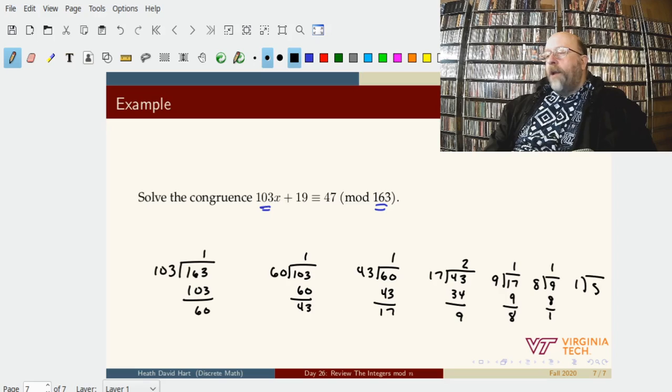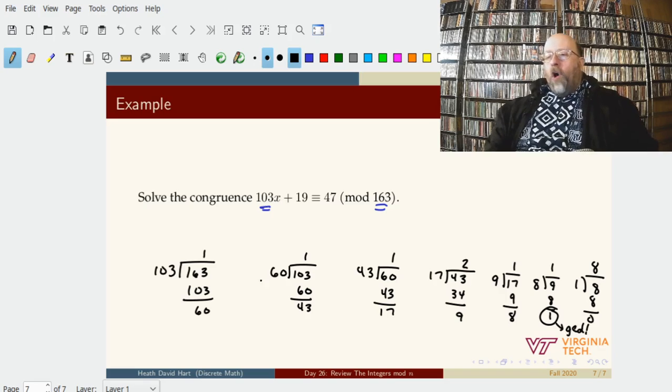And finally, 1 goes into 8 eight times with 0 left over. And the last number before the 0 is the GCD. So we have a long chain here that ended in a 1. Okay?